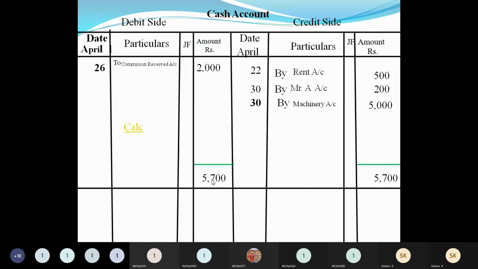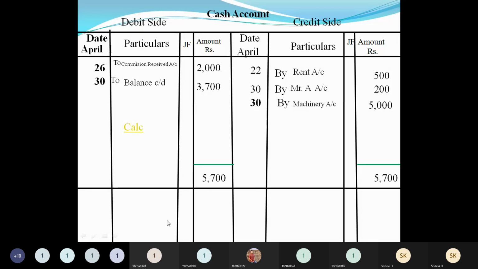So if you are going to prepare the trial balance by using this 5,700 amount, that is called the total method. Otherwise, if you are going to use this balance carried down amount, 3,700 we got when we balanced the cash account, so by using this difference amount, that is called the balance method of trial balance.